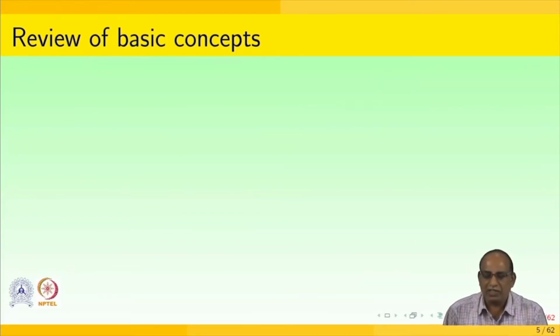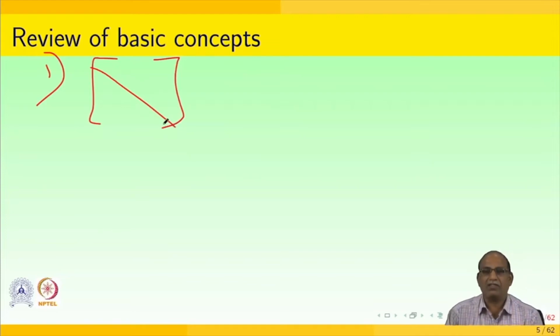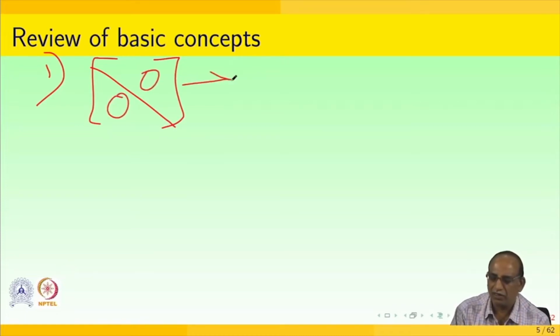Initially, there are various types of matrices. We have seen the main diagonal entries, which are the leading elements. This we call a diagonal matrix.